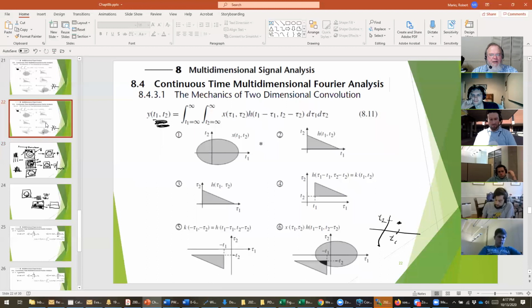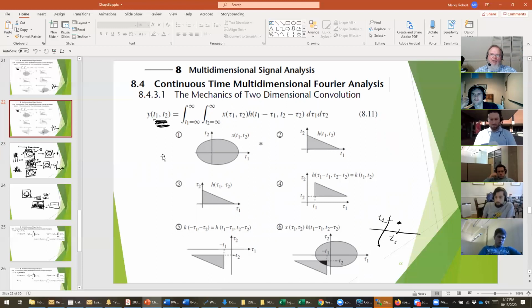So we get back to here and we see what happens in this geometrical interpretation of two-dimensional convolution. And I think you can see what happens in three-dimensional convolution. You have this three-dimensional object and you have the other object you're convolving with, and you have to shift it to every point and multiply the two together and get the area of the overlap, and that's the mechanics you visualize in order to do that.